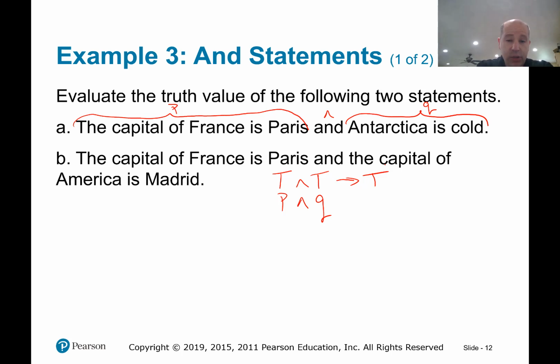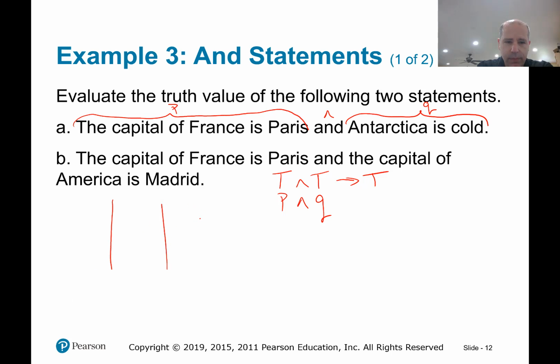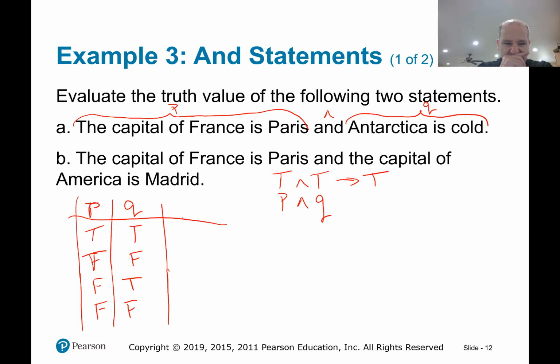Or we could do it using the truth table. P, Q, T. Okay.